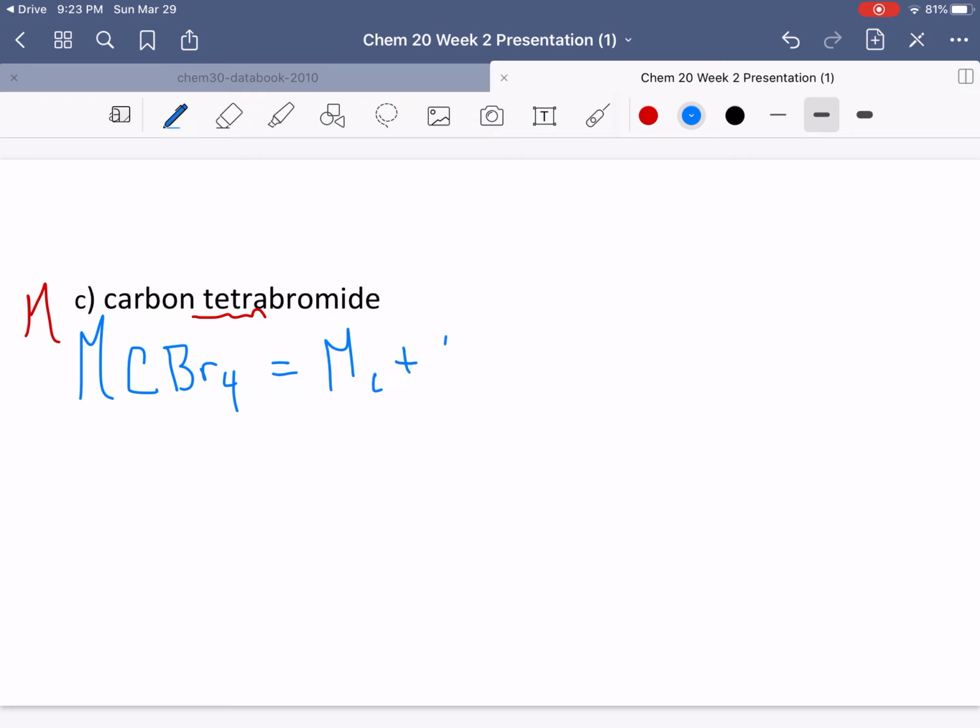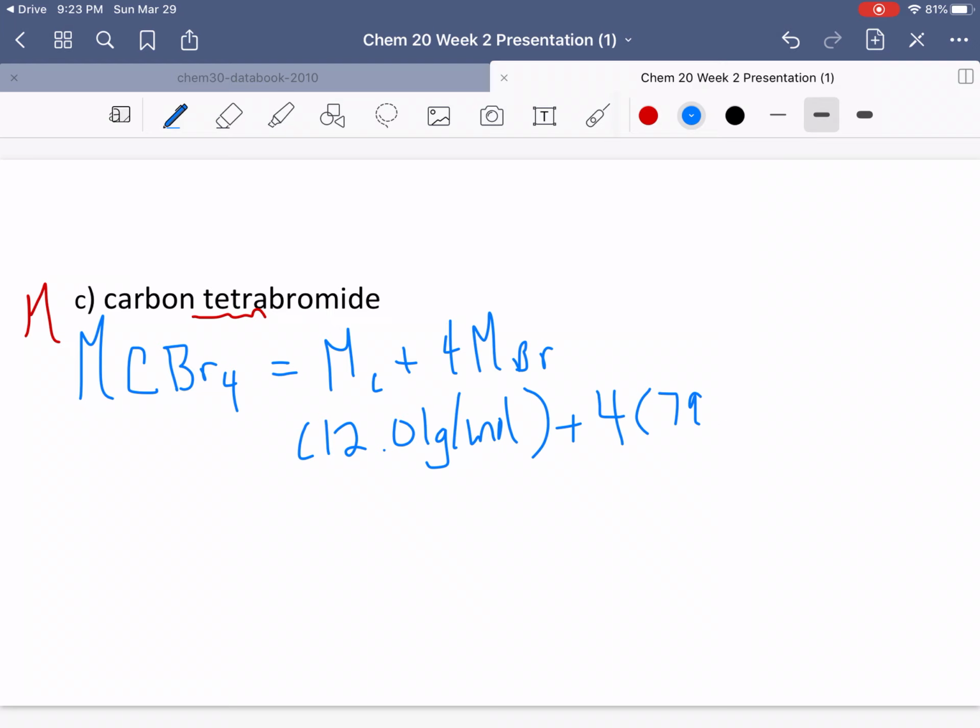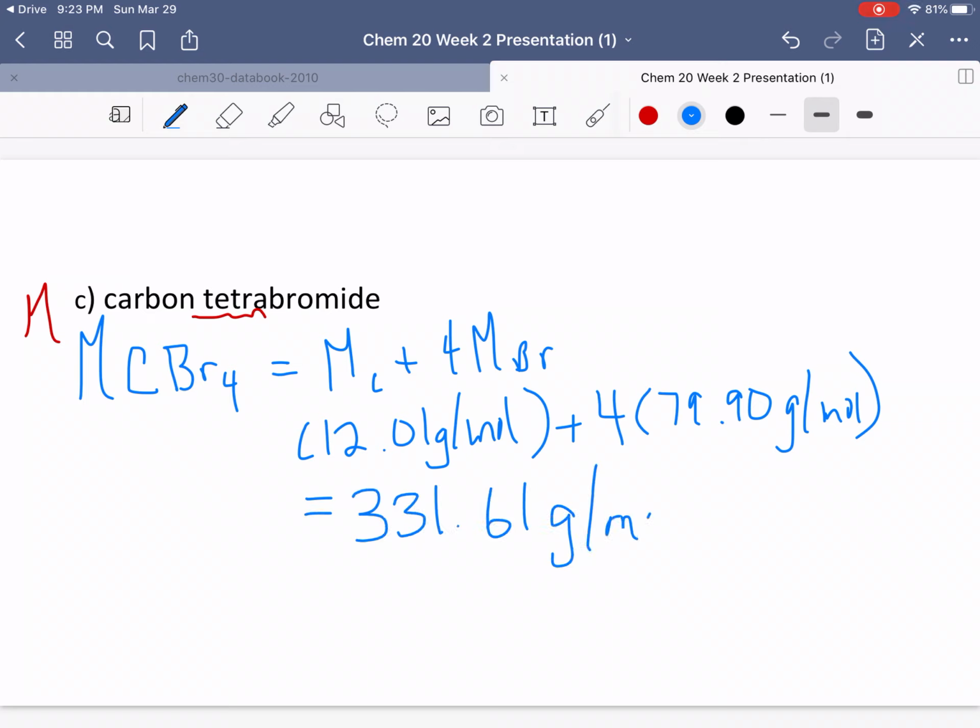Molar mass of carbon plus 4 times the molar mass of bromine, which means we have 12.01 grams per mole, added to 4 times the molar mass of bromine, which is 79.90 grams per mole, for a grand total of 331.61 grams per mole.